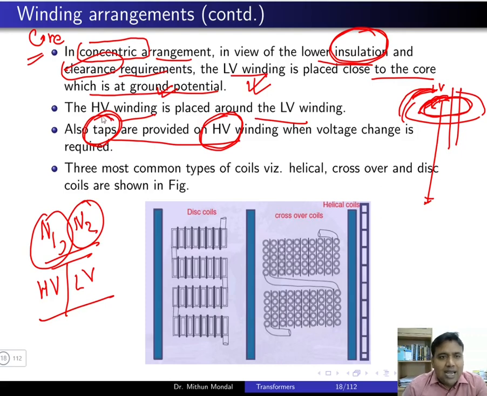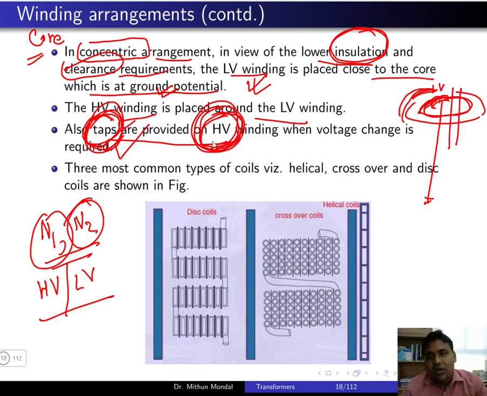The tapping given on the high voltage side changes the number of turns, and the number of turns decides whether you want more voltage or less voltage. So tappings are provided on the high voltage winding, not on the low voltage side. The low voltage winding is on the inner side and the high voltage winding is on the outer side.